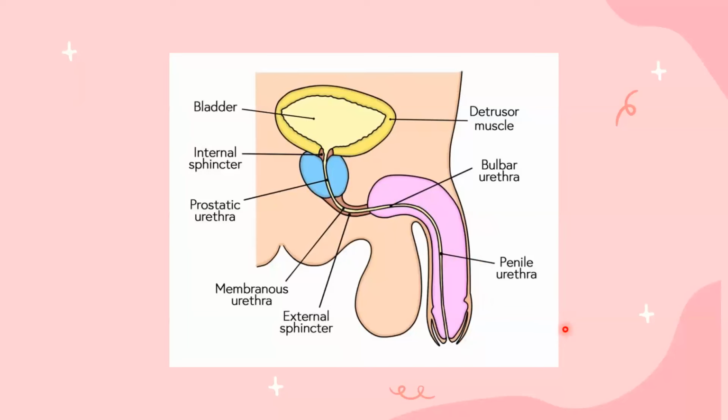And this is where the bulbourethral glands open. This is basically just to provide some sort of lubrication. It doesn't do much for our urine, but it's there for lubrication. Okay? So we start off at the neck of the bladder. We go to the prostatic urethra, membranous urethra, spongy urethra, which has 2 parts, the bulbar and the penile part. Is that clear?